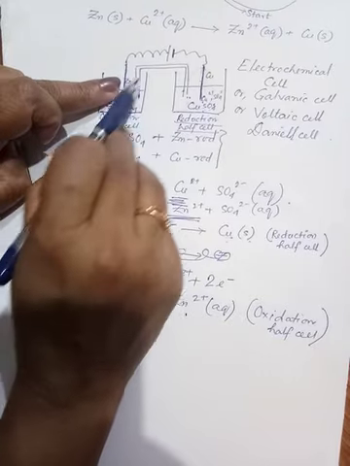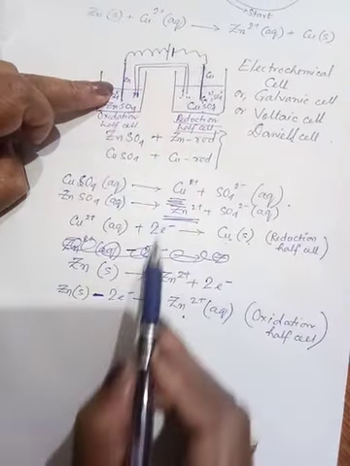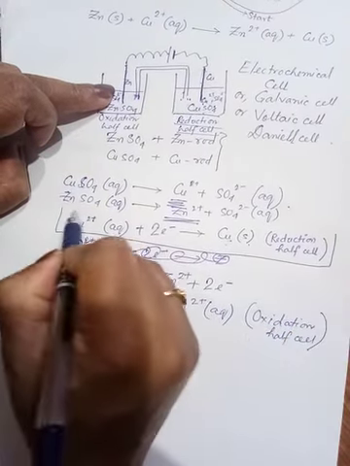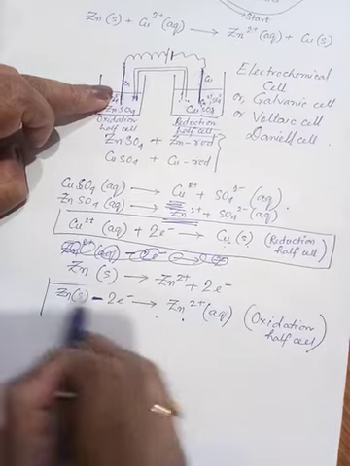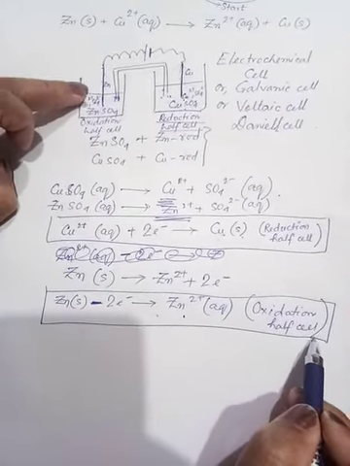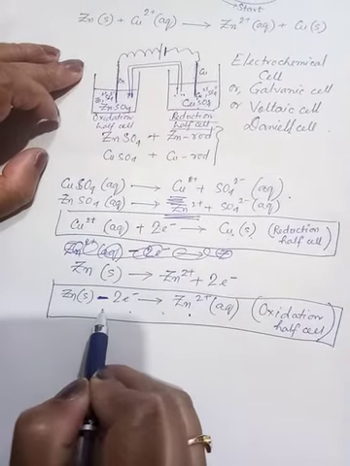If this doesn't work, this doesn't work. If this doesn't work, then this will not work. Both of them are working at the same time. So our important two reactions are this reaction and this reaction. Two things are occurring simultaneously. So when we take the sum total of these two, we get this reaction on top.